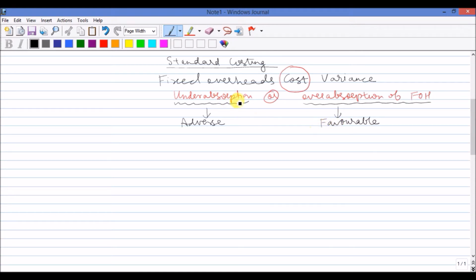Now I'm going further to tell you what is under absorption and what is over absorption. Friends, I'll give you an example. See, I have prepared a budget, and this is the recovery rate. In the beginning of the year, I had made a budget, and I had decided that I would produce say 10,000 units and sell it.